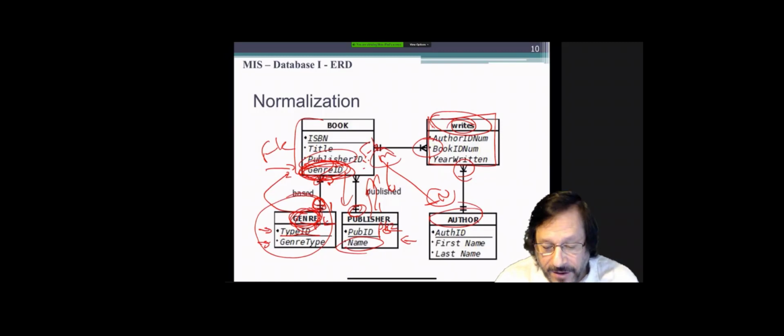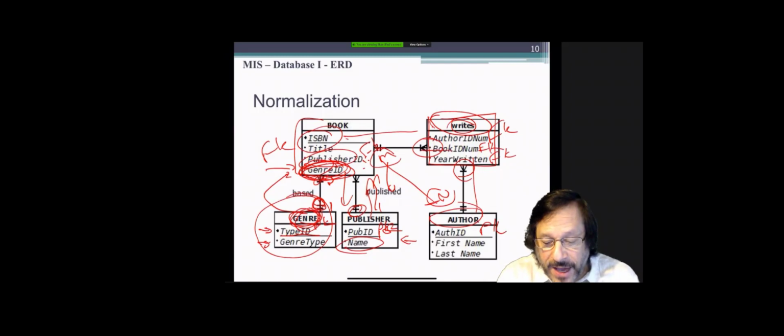And now what I have is that an author can write many books. A book can be written by many authors. I break this into a new table. There's my primary key. The primary key goes into here as the foreign key. The book ID number goes in here also as the foreign key.